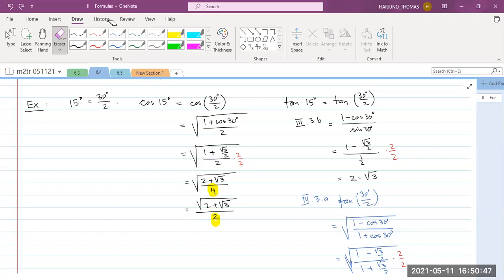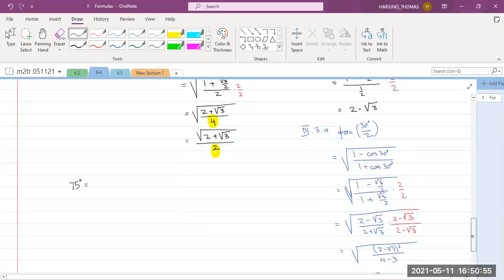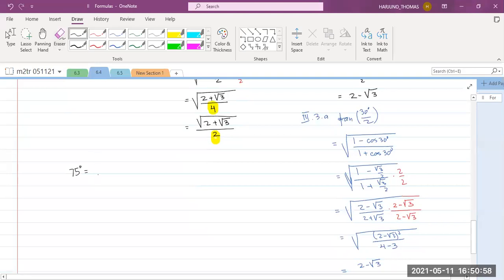Now, what happens if, let's say, the angle is not in quadrant 1, let's say 75 degrees. Notice that 75 degrees, we computed earlier. 75 degrees is one way to see that is 45 degrees plus 30 degrees, right? Okay. But we can also compute 75 degrees using half angles.